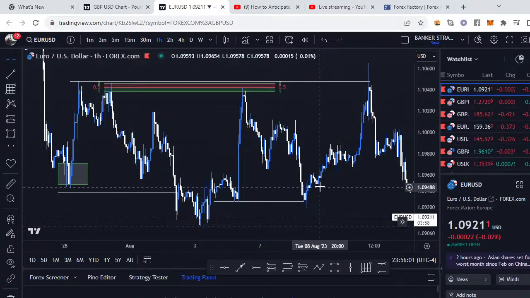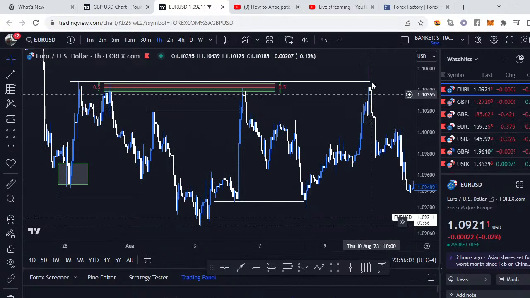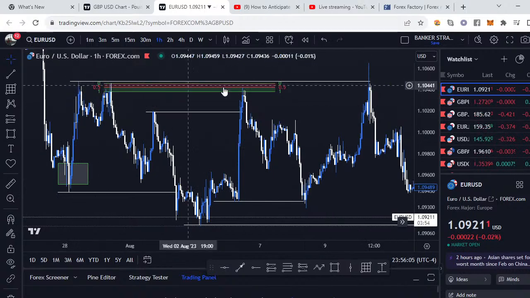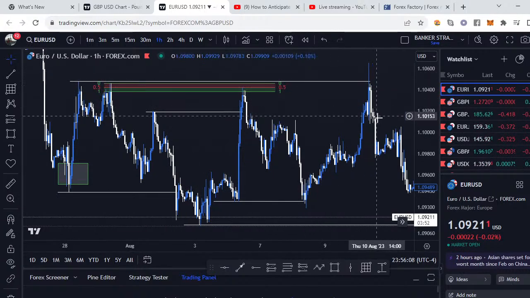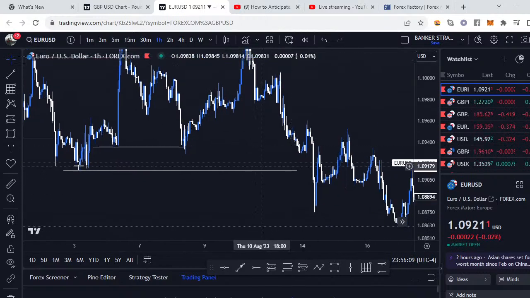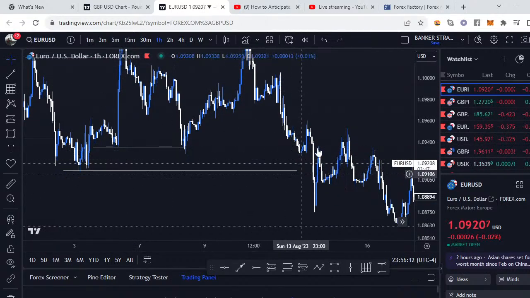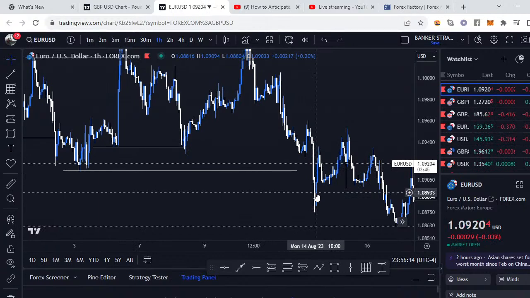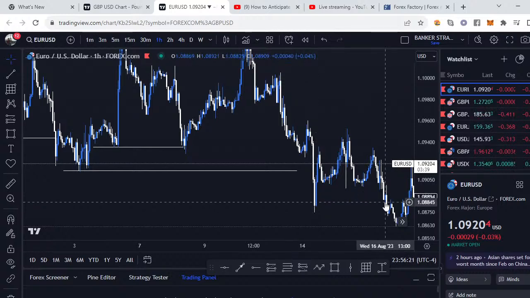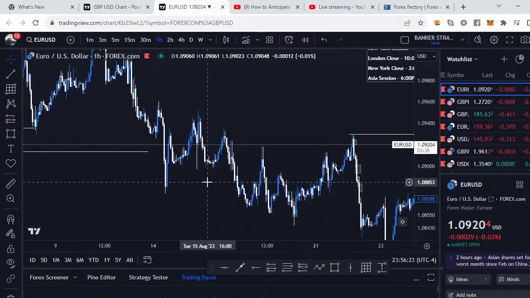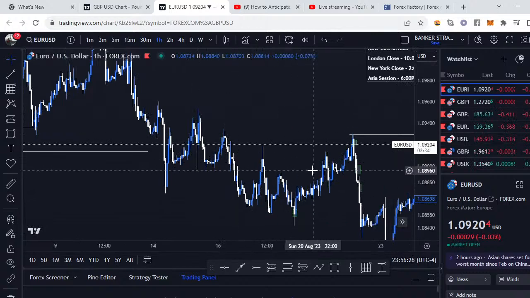Then what did price do? Go back up and take liquidity from up here, to then sell lower and take liquidity from down here. You see, price gets fueled off of taking liquidity.